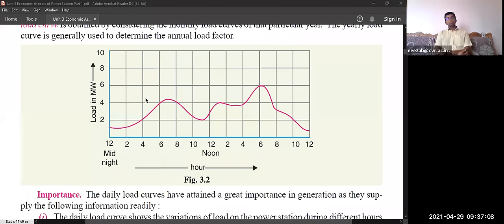After that, plot the load and you can easily know the maximum demand, the peak hour in your home.